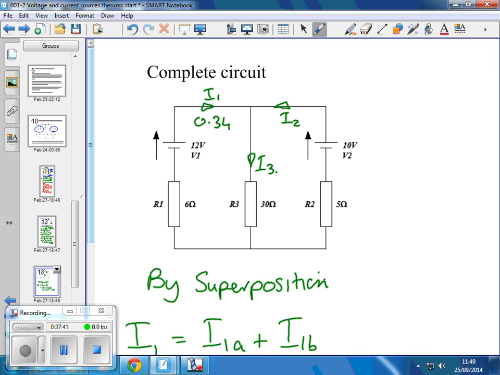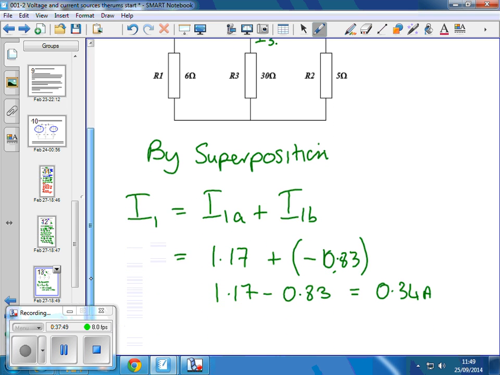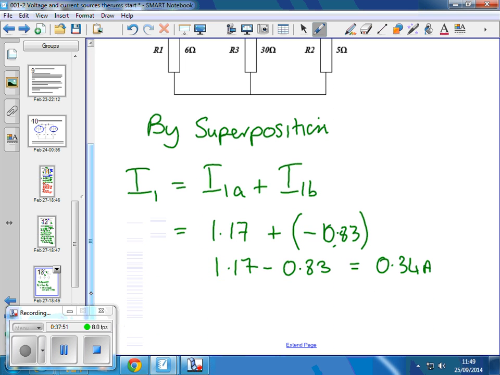Now I2. I2 is equal to I2A plus I2B. What was I2A?